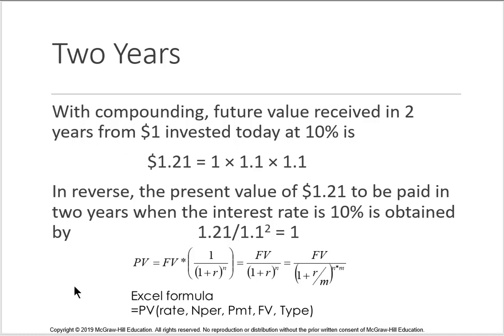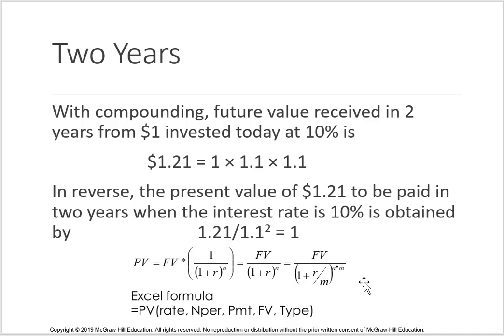If you work that in reverse and calculate present value, you take that future value and you divide it by 1 plus r to the nth. But remember, r is the rate per period, and n times m is the total number of periods. So you can do that formula.